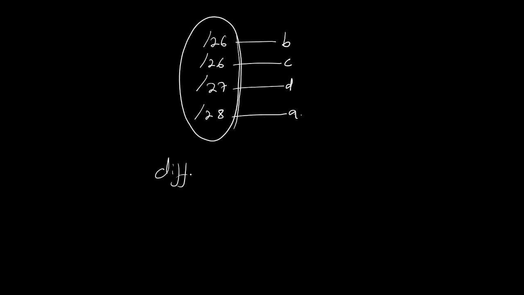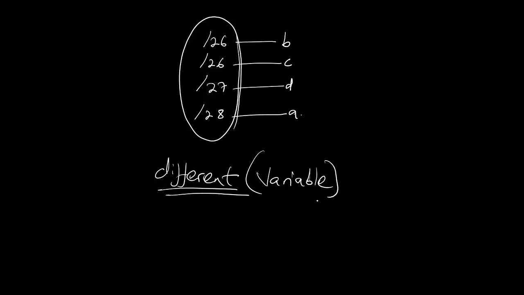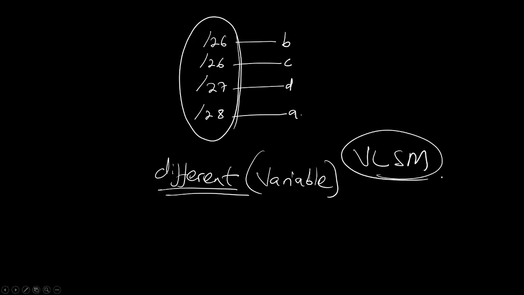They are what? Different. That's what they call variable length subnet masking.